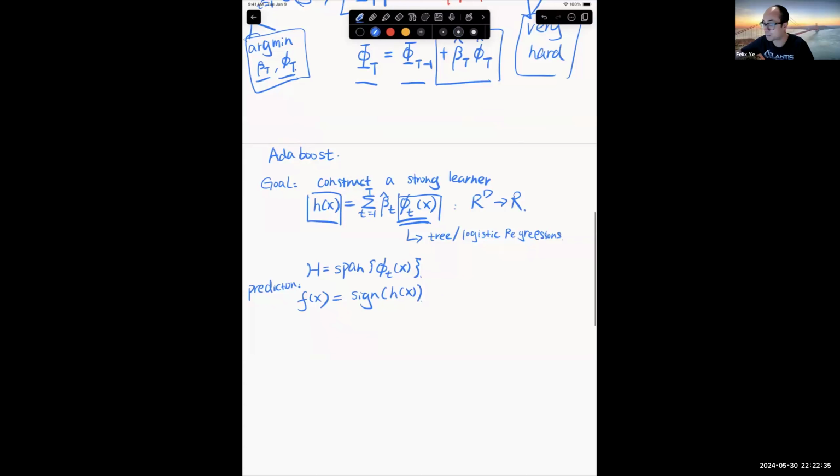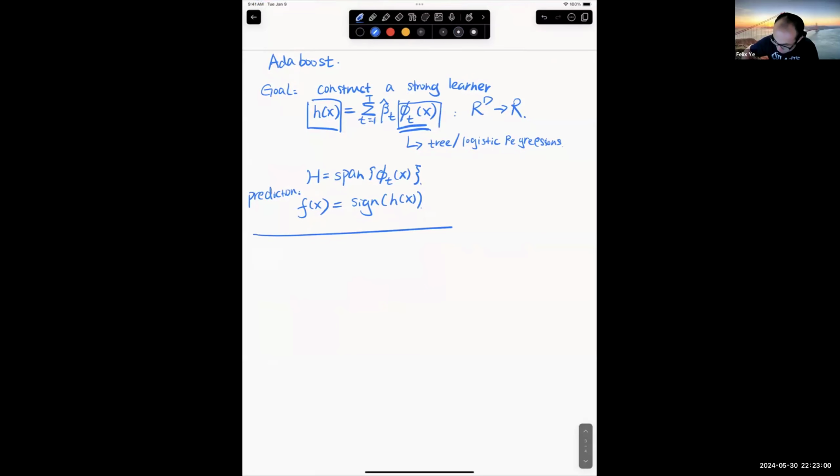So let me write down all these algorithms, and then we're going to talk about them step by step, and the logic and ideas behind why we want to do this. Then I'm going to demonstrate with one simple example to see what AdaBoost is doing.